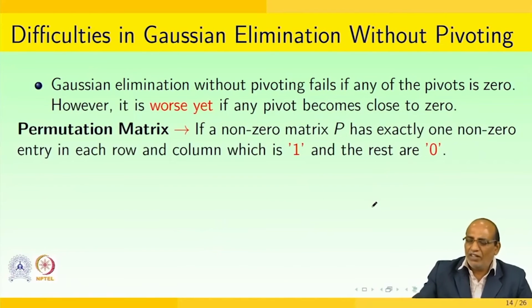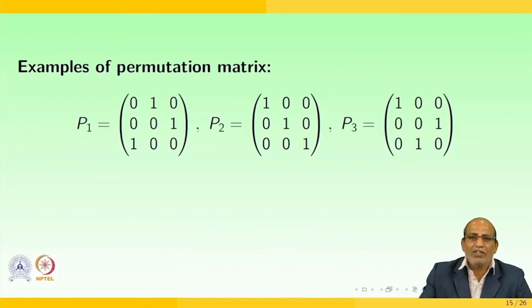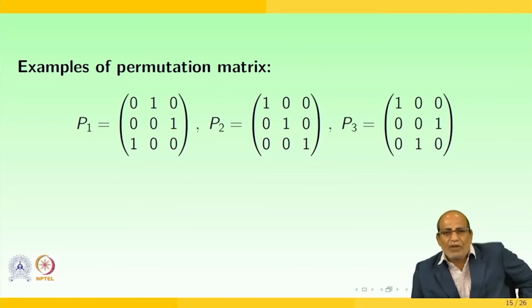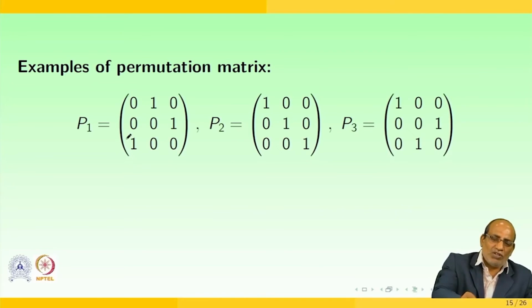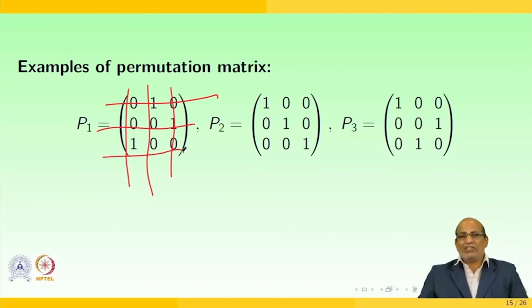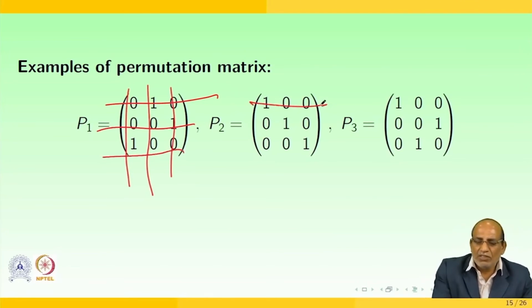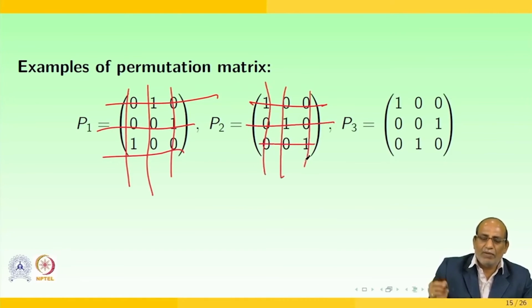Well, how is it helpful in numerical computation? Let's see these examples of permutation matrices. P1 is 0 1 0, 0 0 1, 1 0 0. As we said, this is the first column, second column, third column, first row, second row, third row, so it satisfies the definition. Similarly, P2 is 0 1 0, 0 0 1, 0 0 1... and over here it is a permutation matrix.